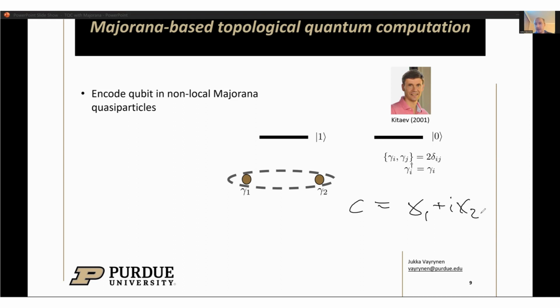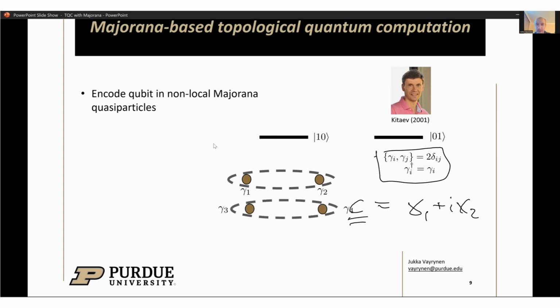And you can check with the anti-commutation relations of the Majorana operators that the c operator is a good fermionic operator. So it squares to 0 and so on, which is the Pauli exclusion principle.